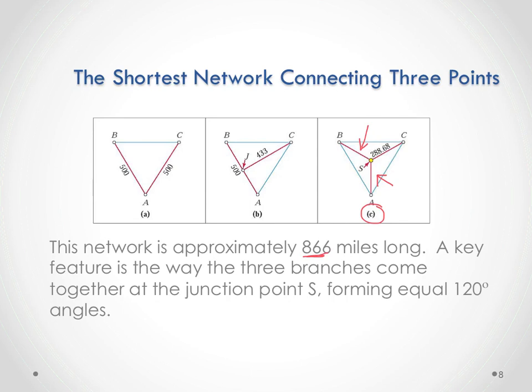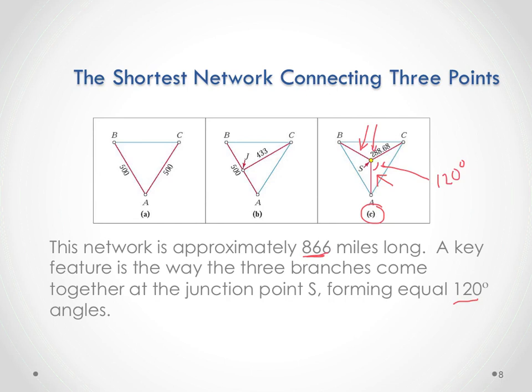And I guess I should point out too, these particular angles right here, all three of them equal 120. Remember from your geometry lessons that a circle is how many degrees? It's 360 degrees.